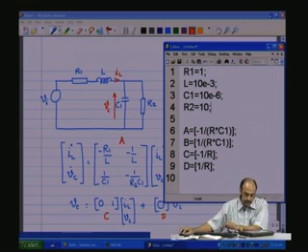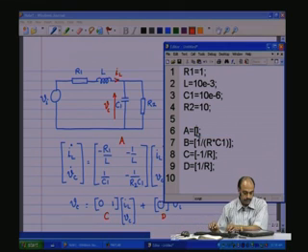And we need to modify the matrix here. So, we see that the A matrix becomes, there are 4 portions in the A matrix. Semicolon means the next row. So, these are the 4 elements that we want to fill in.